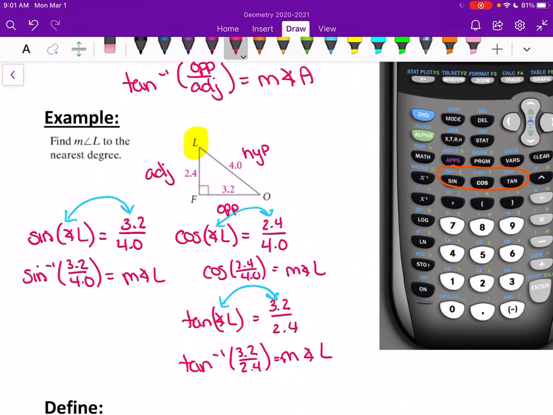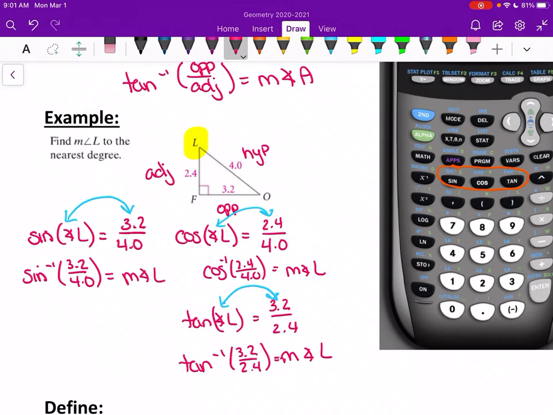Sometimes you will only be able to do this with one of the trig inverse functions, if you only have two sides. But we are lucky in this case and we have all three.